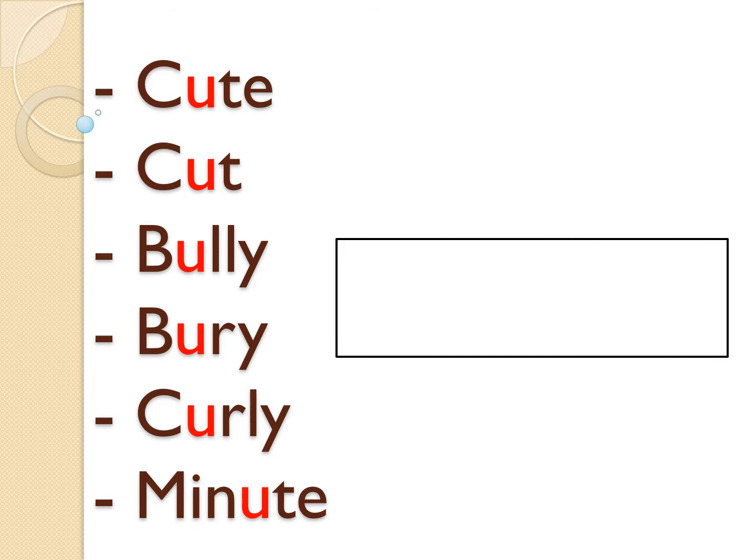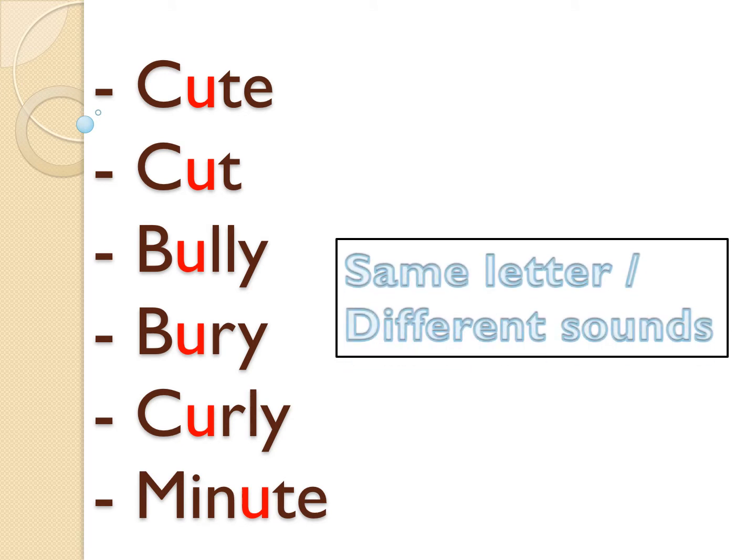Okay, so we can notice that the letter U is pronounced differently. U, A, U, E, I. The same letter, different sounds.